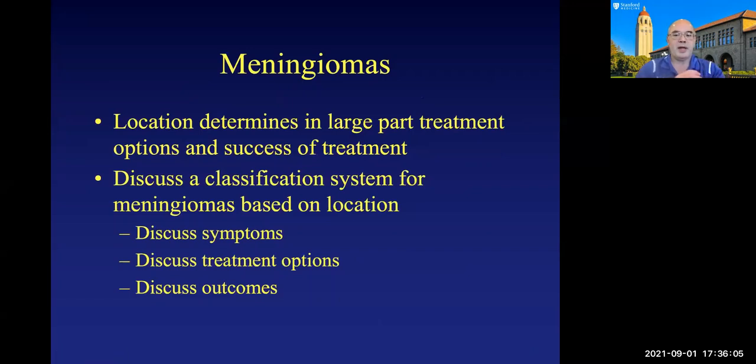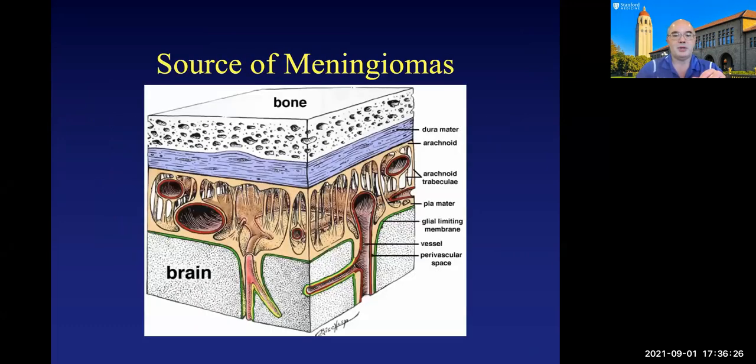So again, location determines a large part of what options are available, and also success of treatment. And this classification system is one that neurosurgeons generally use when discussing these types of tumors. So I'm going to jump straight in.